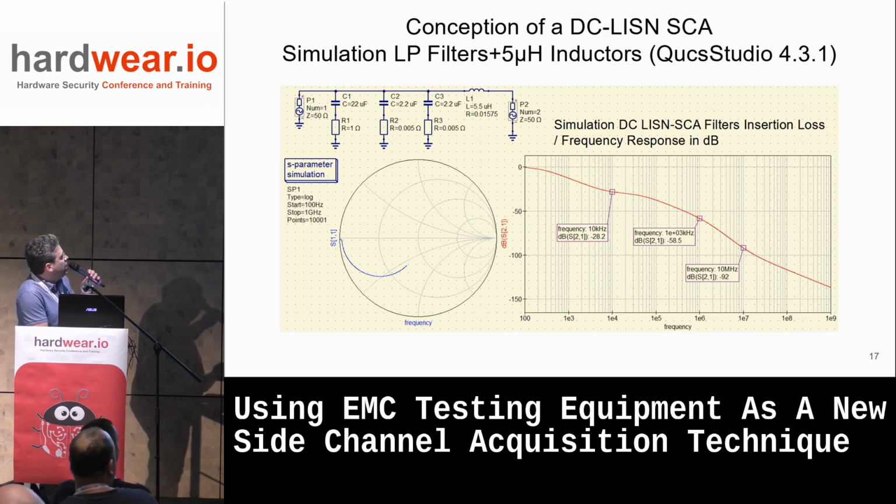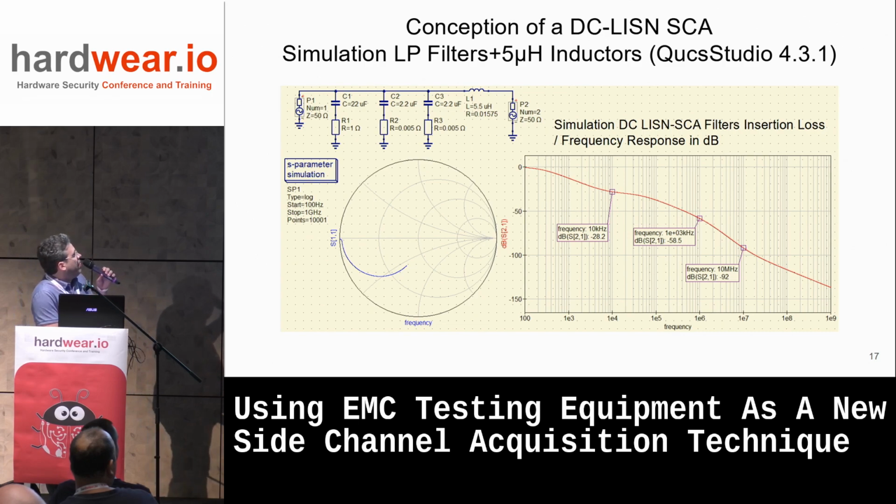And there we will add another capacitor to filter another frequency. It's 2.2 microfarad with a very small resistor. And then again another capacitor, 2.2 microfarad too. And the core of the LISN is the inductor, which is about 5 microhenry.